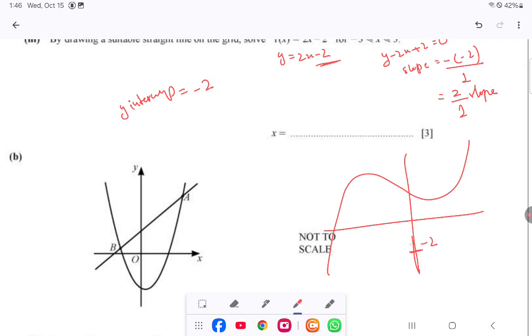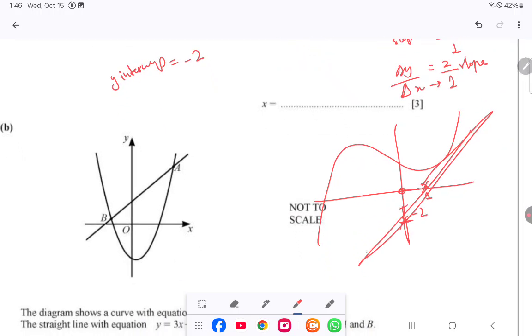So we have to move 2 units upward, it will end up on 0, and for the dy and for the dx, move ahead 1 unit. This is the second point, this is the first. Form a line at that point and see where it ends. It will end somewhere at negative 2.8 on the graph.